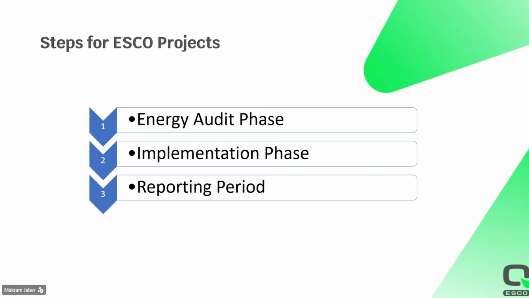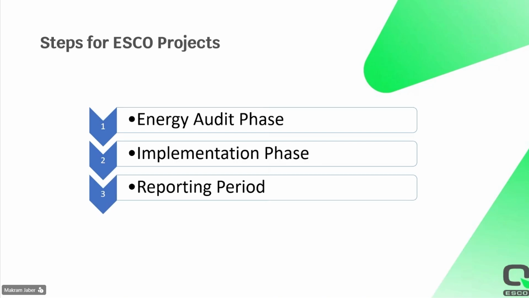After the energy audit phase, we will move to the implementation phase. For example, if after the energy audit phase, we propose to replace the chiller, that it will cost that much, and will have a payback of 7 years, for example. Then in the implementation phase, if the client agrees, we will go to executing this proposal.